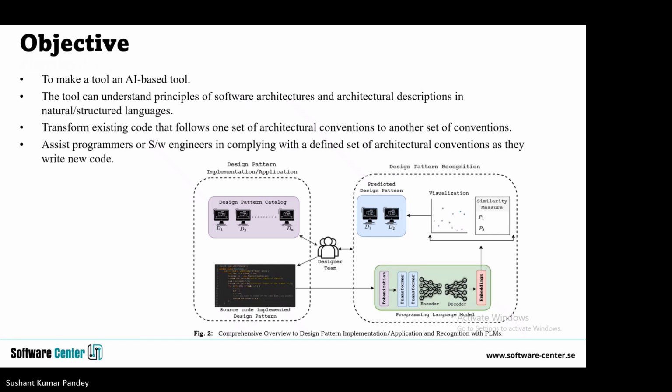Right now we have exploited one of the programming language models. This is the graphical overview of how we can employ the programming language model for design pattern recognition. The designer is responsible for adding the design patterns to the catalog and implementing design patterns in the program. The programming language model is useful to extract the information of the program.